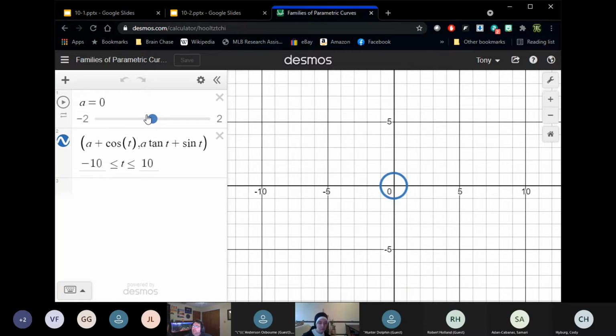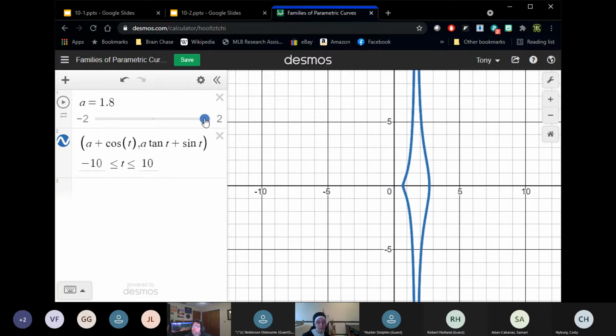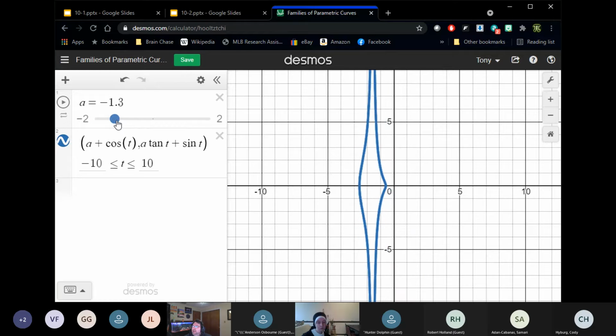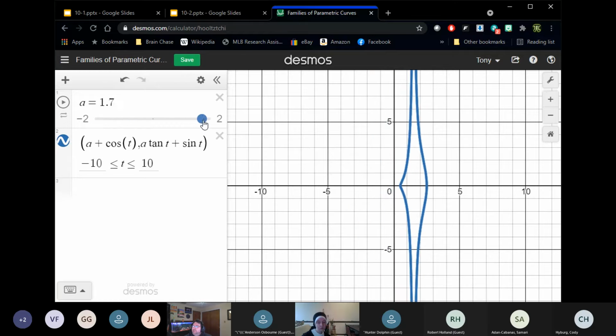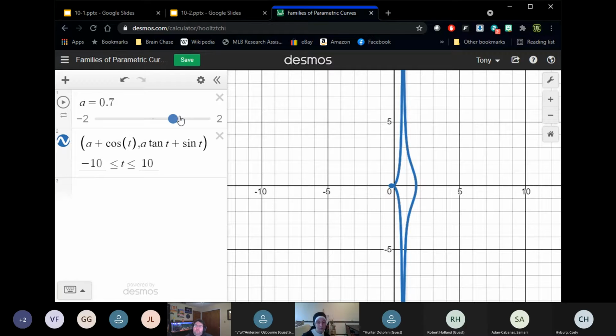And when A is 0, it's actually a circle because it's just cosine and sine. But as it gets further and further, you can start to see the graph changes. And the same thing on the negative side. So these are just families because there's a value that changes as you go to create the different graphs.